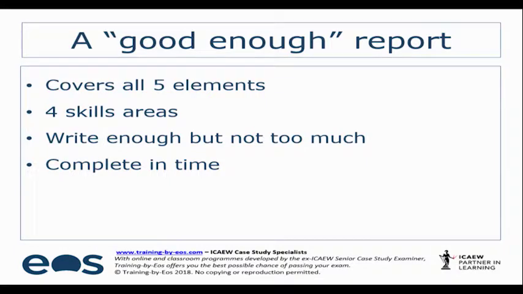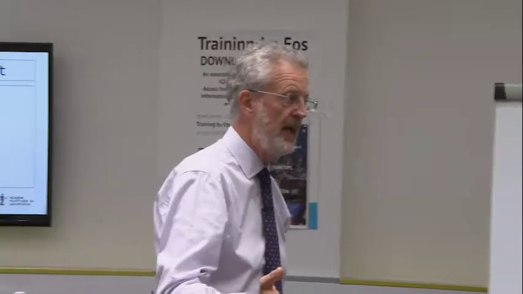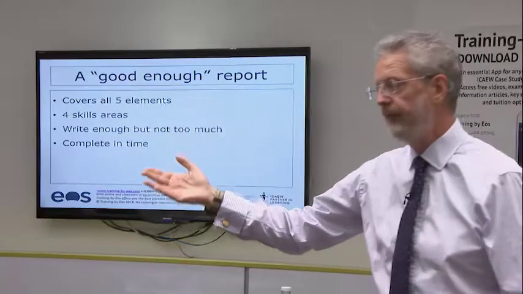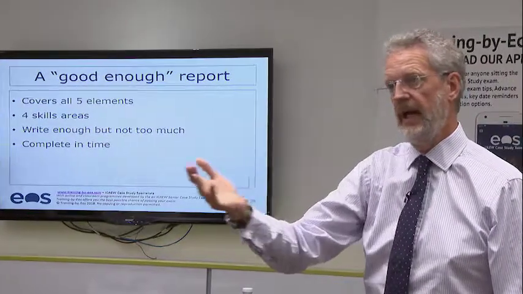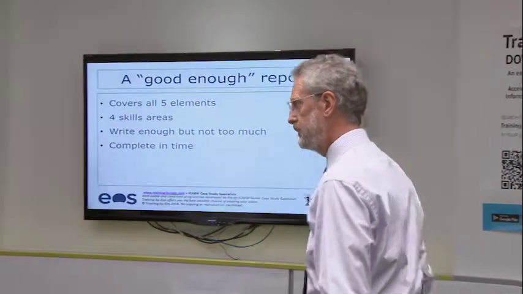And one of the most common reasons for people failing the exam is that they have poor time management. They don't complete one of the requirements, generally requirement 3, and so they fall down on requirement 3. That has a knock-on effect to their executive summary, and that's it, game over.